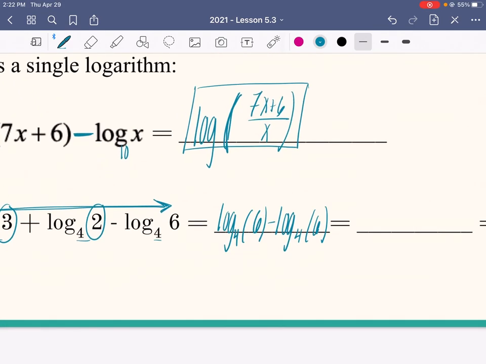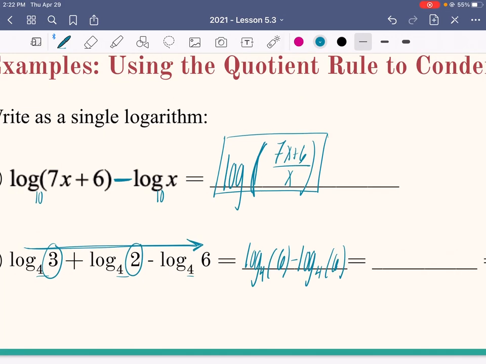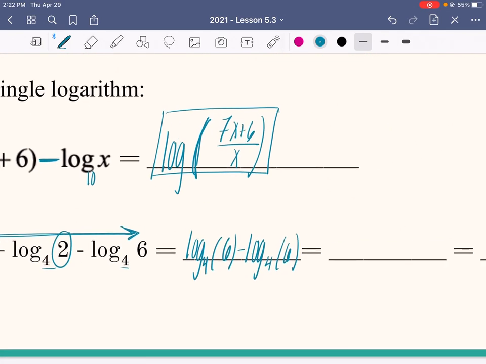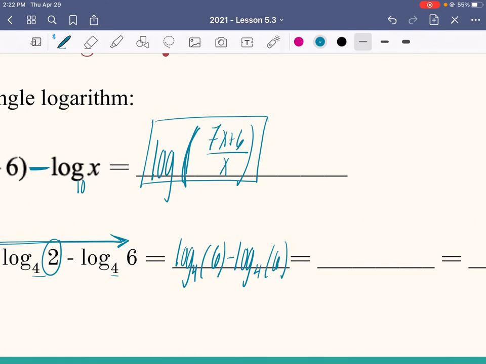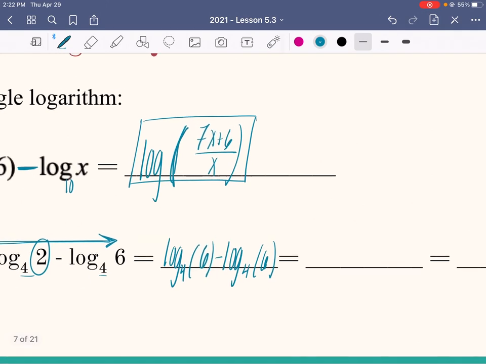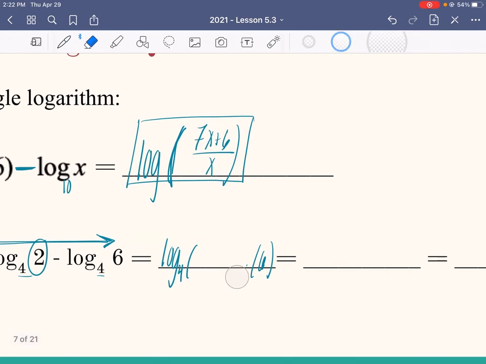And if you notice here, log base 4 of 6 minus log base 4 of 6 is actually just going to give me 0. So at this point, you could really stop. The in-between step here would be to write out 3 times 2 minus log base 4 of 6 here.